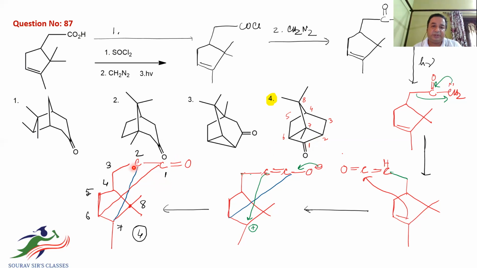So 2 is joined to 7, as you can see. And 1 is also joined to 6, as you can see over here. So this 1, 2, 7 and 6 is the 4-membered ring that is over here. Just check out the rest of the numberings, which is going to fit the answer 4. So this is how this reaction is taking place.